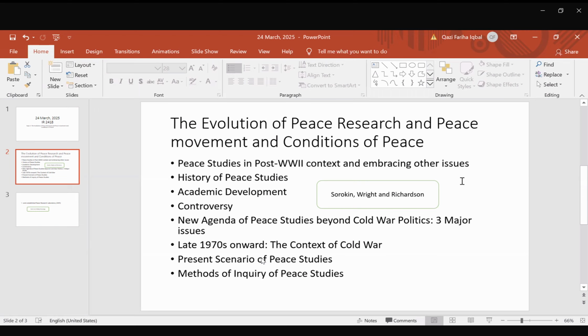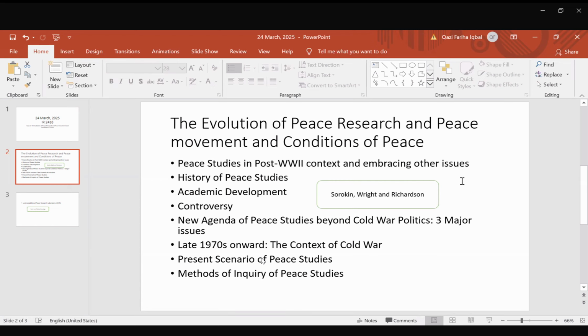Then number 3, it was the Vietnam War, which created controversy and radical peace research. The radical peace researchers argued that injustice was such that there could be occasions when violence could be justified in the pursuit of justice.